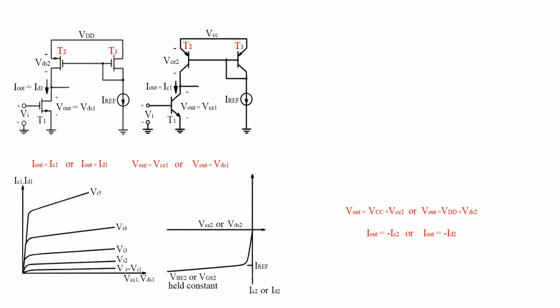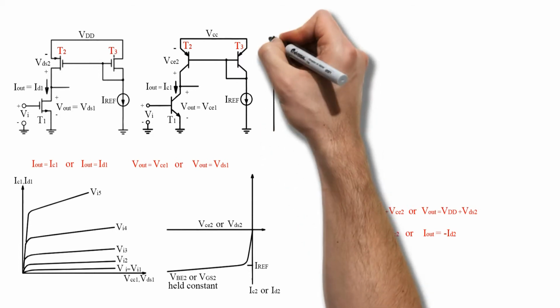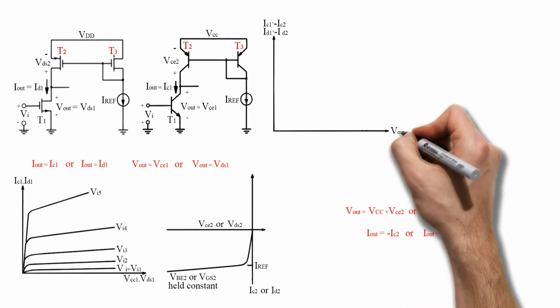Equation 4.115 shows that the output characteristic of the load transistor should be mirrored along the horizontal axis to plot in the same quadrant as the output characteristics of the input transistor. Equation 4.116 shows that the load curve should be shifted to the right by an amount equal to the power supply voltage.